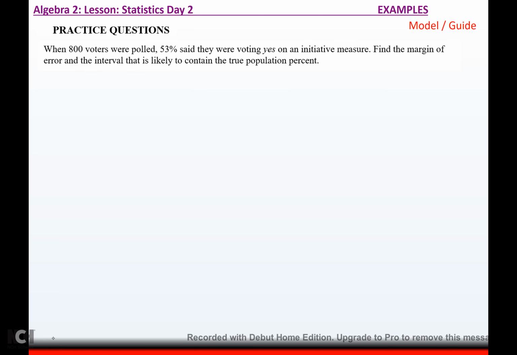You try number one. When 800 voters were polled, 53% said they were voting yes on an initiative measure. Find the margin of error and the interval that is likely to contain the true population percent. So my margin of error is going to be 1 over the square root of 800, which is approximately 0.0354, which is approximately 3.5%.